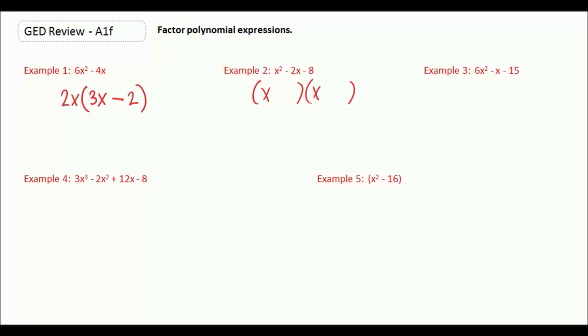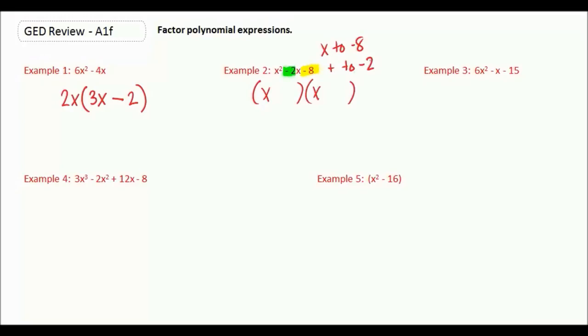But now, we need to find 2 numbers that are going to multiply to -8, but then also add to -2. Our options for -8 would be 1 and 8, but none of those will work adding to -2. But we could also have 2 and 4.